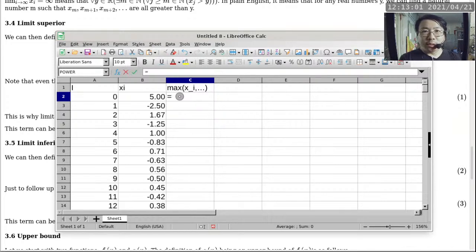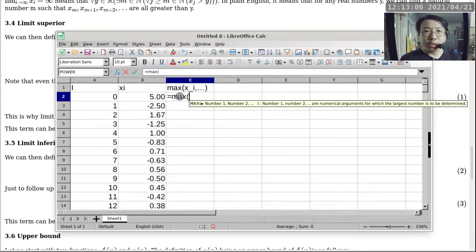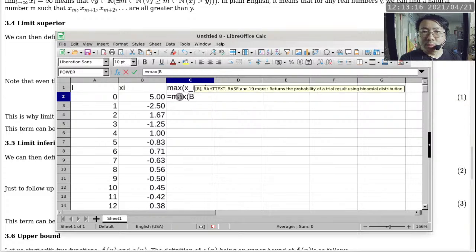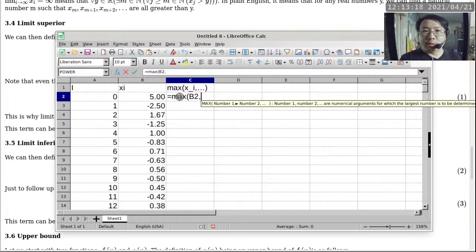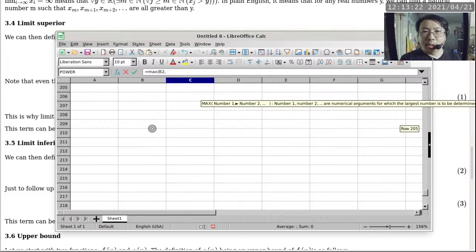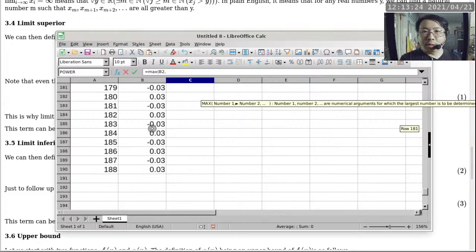Now, max is a real function in the spreadsheet, so we can just go ahead and use max here. It's going to take the maximum of B2 and all the way down to the last one in the sequence. So that would be 188.